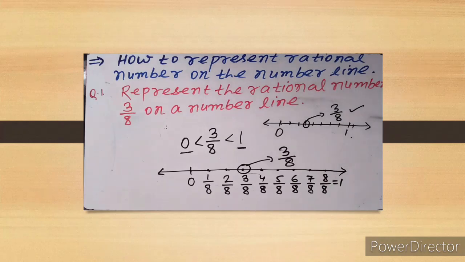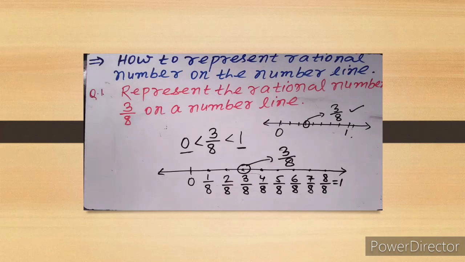Further we will discuss in the next video lecture. You will try to solve your exercise 1.2 also, which is based on how to find the rational numbers between two rational numbers and represent the rational numbers on the number line. Some more examples I will take in the next video lecture and explain.